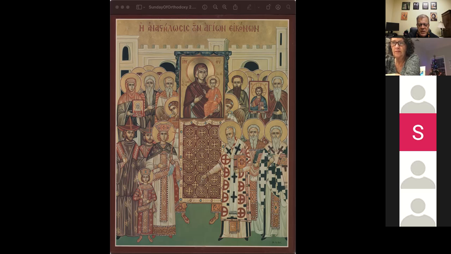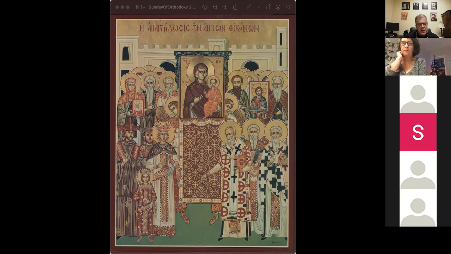Okay, next is Michael, the Bishop of Synnada. He was Metropolitan of Synnada from 784 to 815. He was exiled by Emperor Leo V, the Armenian, because of his opposition to iconoclasm, and he passed away 23rd May 826.